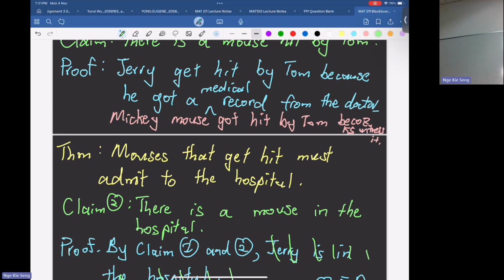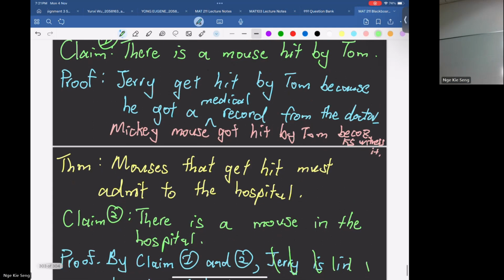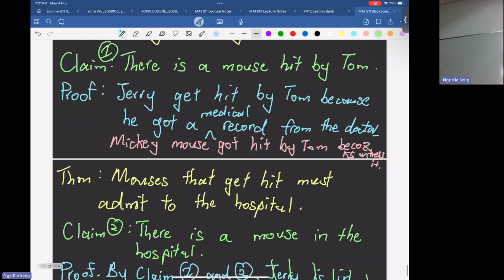Why still valid if we don't know which mouse gets hit? 不完整这个答案，再换一个。If we don't know the identity of the mouse, we don't know whether Jerry gets hit, Mickey Mouse gets hit, or Rat gets hit.